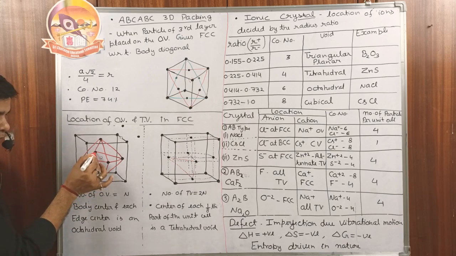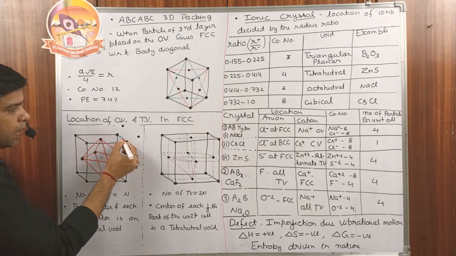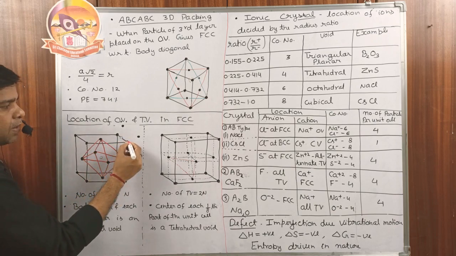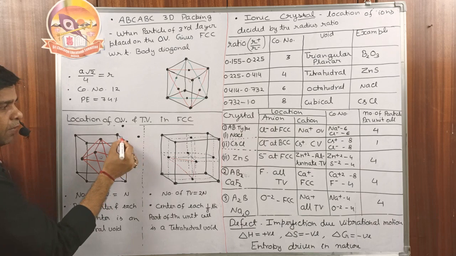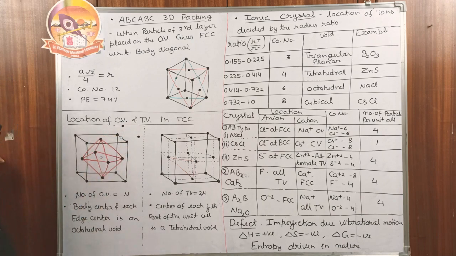One particle in the back, one in the front, one on the right side, one on the left, one on top and one on the bottom. Now think about this edge center. This edge center is also surrounded by one particle right, one left, one back, one front, one top and one at the bottom.